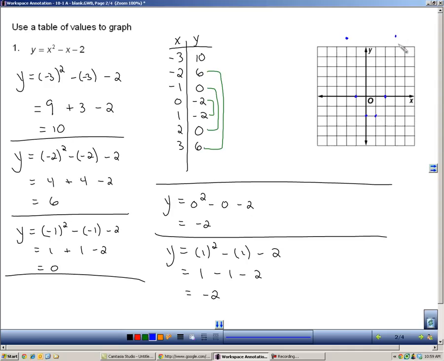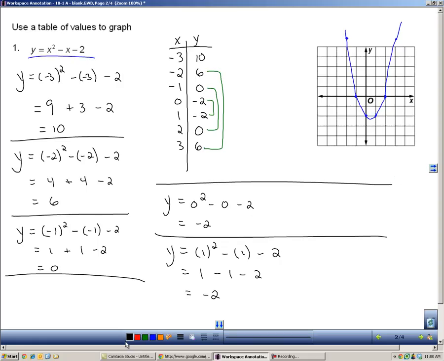And so you should be able to see a parabola taking shape. We're going to connect these dots and try to graph this. It comes just below here, dips back up, because that's what a parabola does, and goes through those points. So that's a sketch of this parabola that's created by this equation over here.